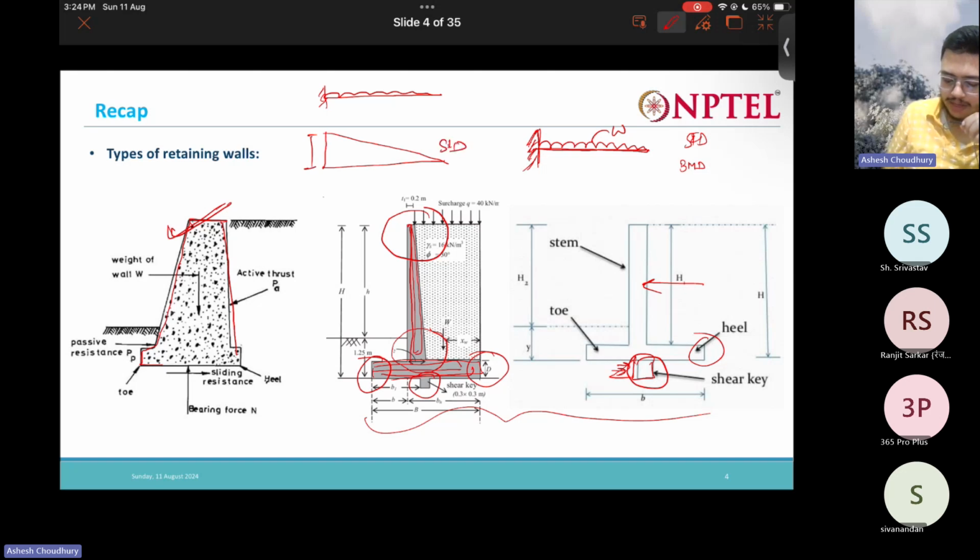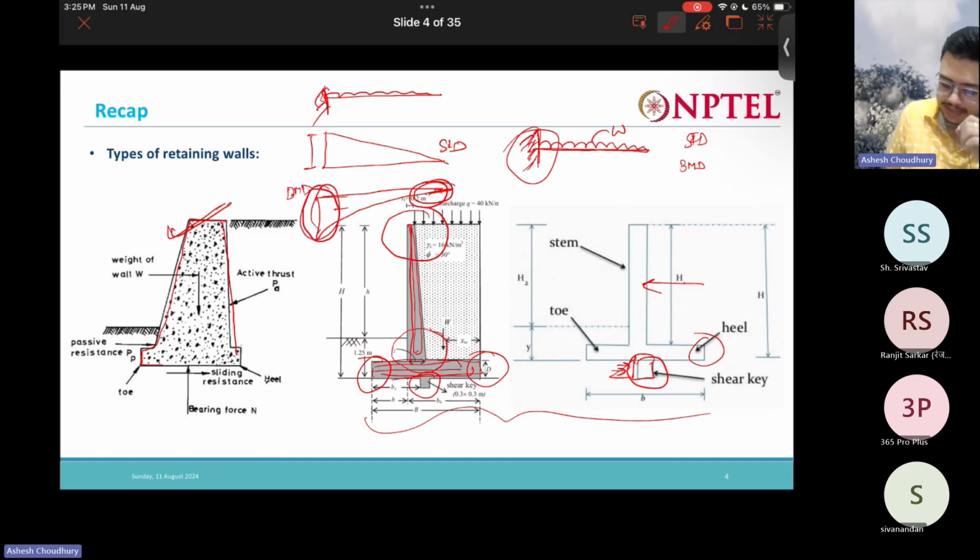And how will the bending moment diagram be? It will be something like this, isn't it? You can see that at the tip the bending moment is low, and where you have the fixity, you have high bending moment.